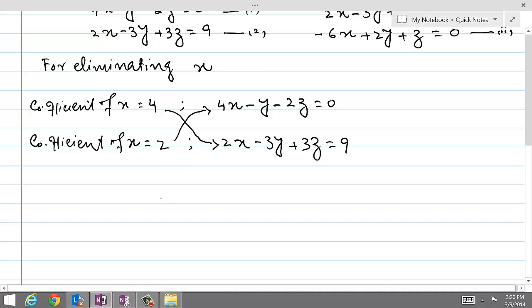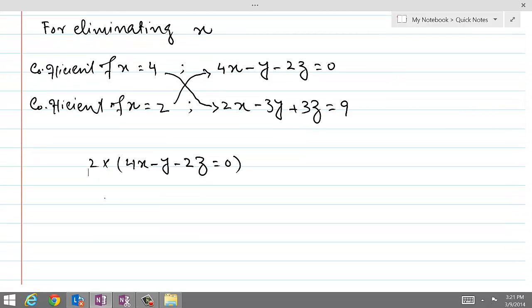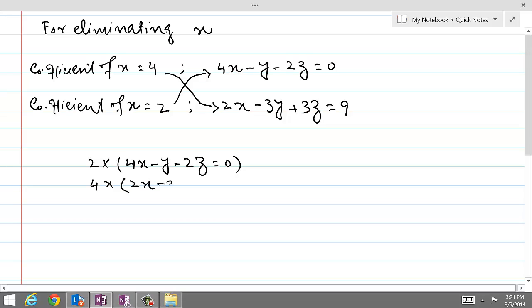So this system will reduce to 4x minus y minus 2z equal to 0, and this whole equation is multiplied by 2, and the equation 2, 2x minus 3y plus 3z equal to 9, is multiplied by 4.